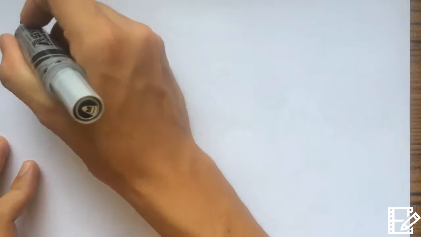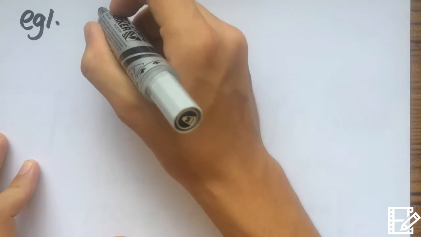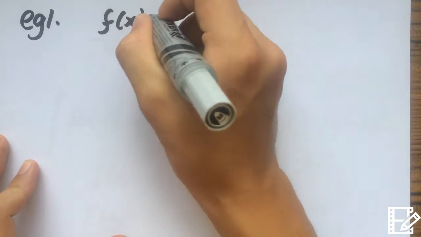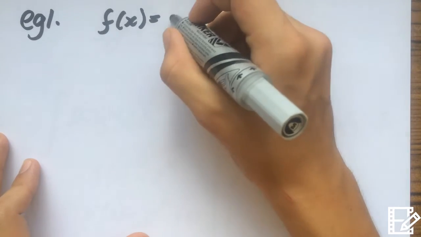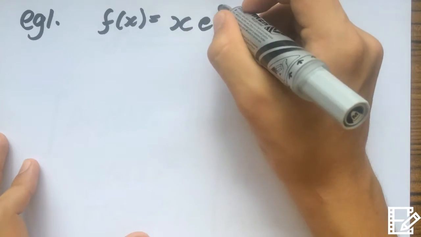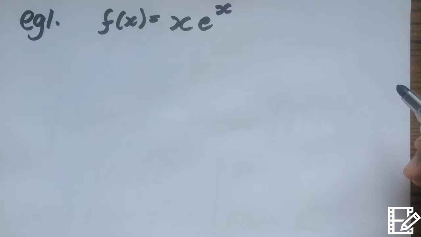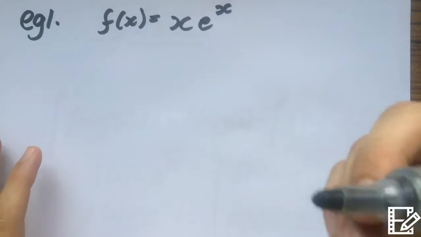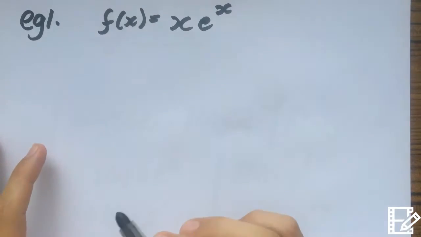Here we have example 1. Function equals e multiplied by e to the power of x. Now we know we need to use by parts because we don't use substitution.